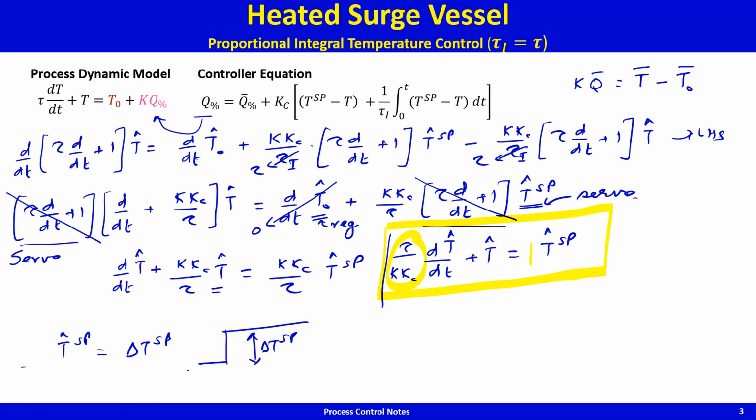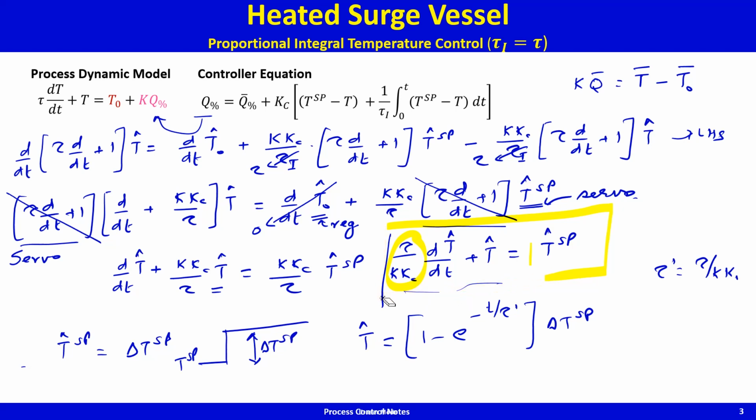Okay, so this is the t set point signal. So if t set point is changed like this, then we know that t tilde, if we use the integrating factor approach, is going to be 1 minus e to the power minus t by tau prime, where tau prime is equal to tau by kkc, times delta t set point. So this is the servo response.